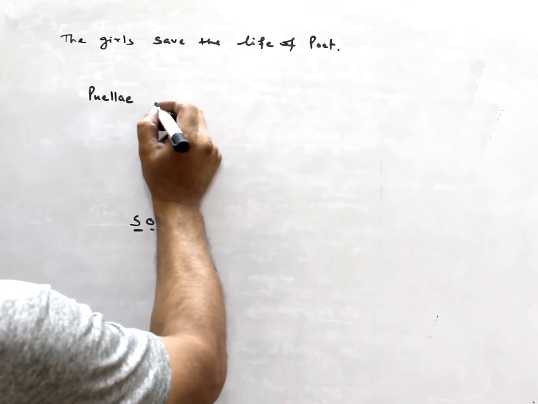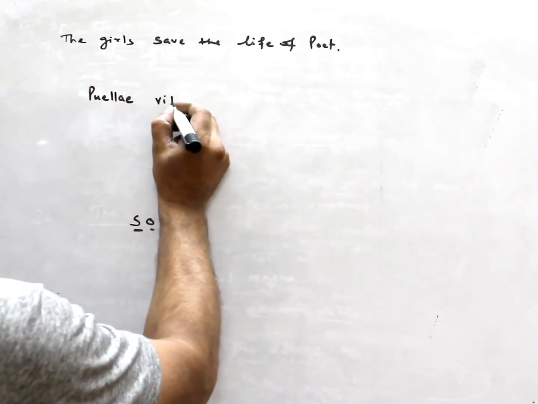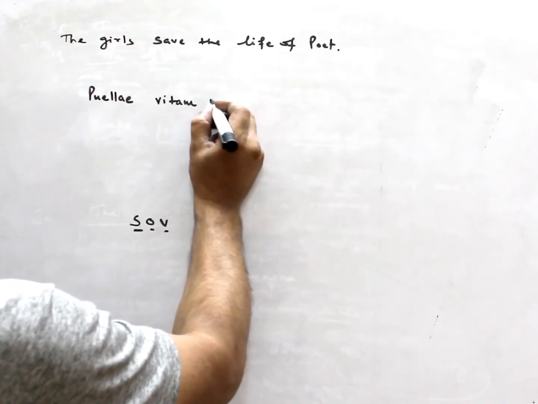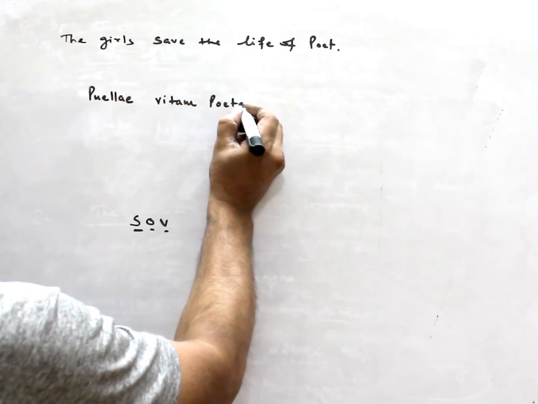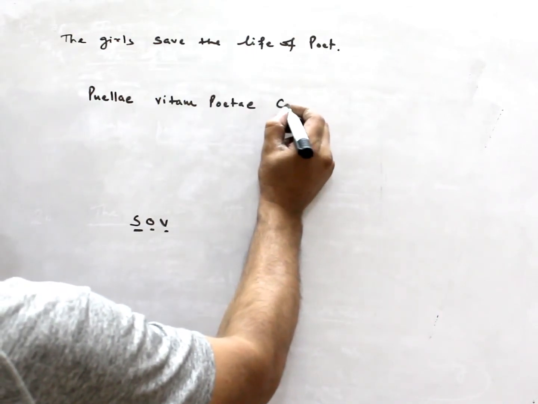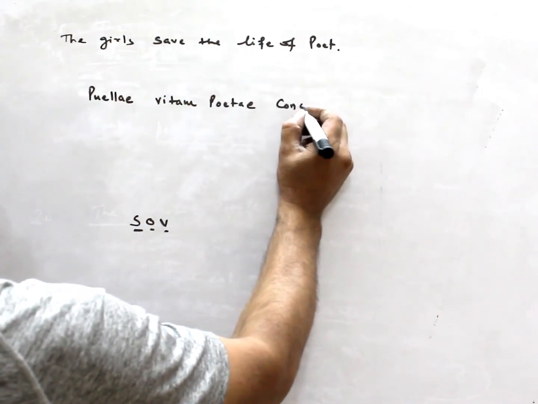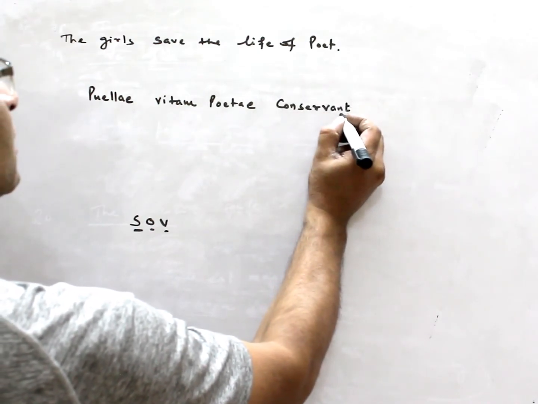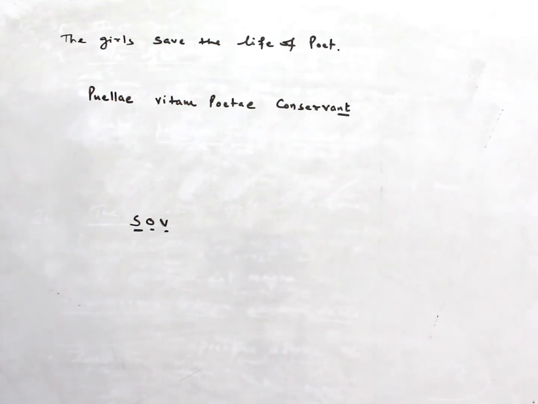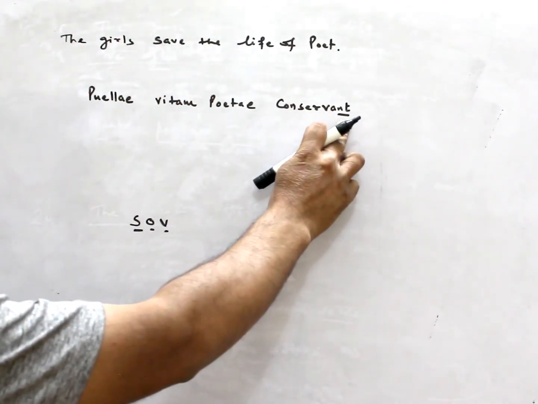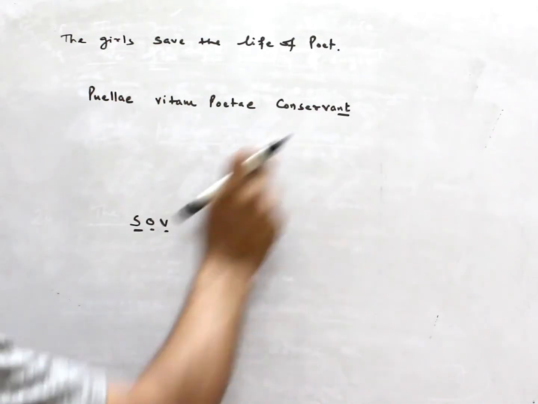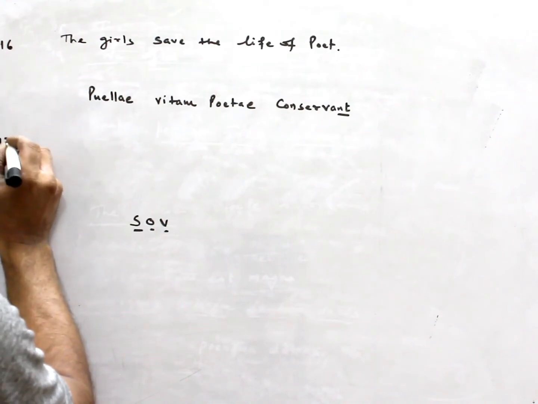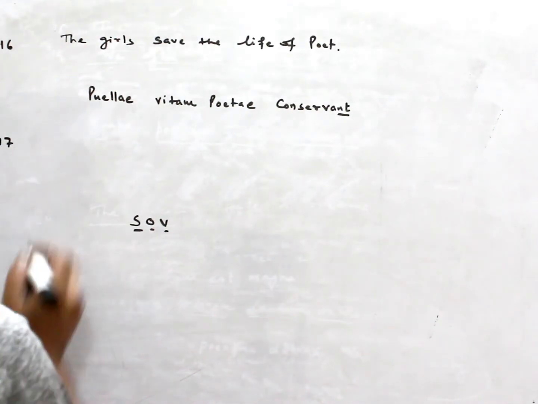Life. Life is vitam, o poeta, poetae. Conservant, because ant is the conjugation for plural.